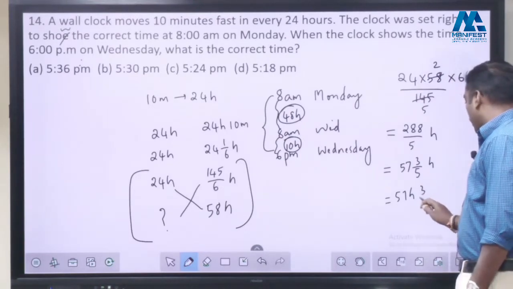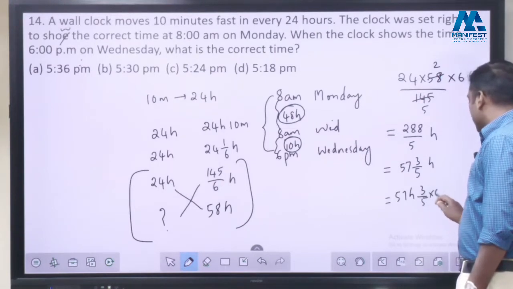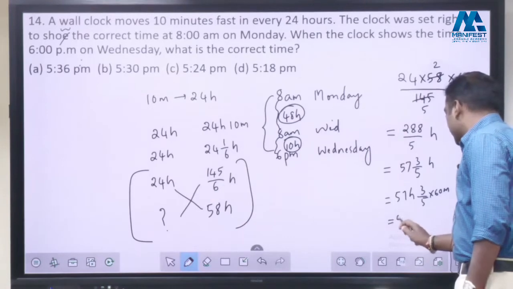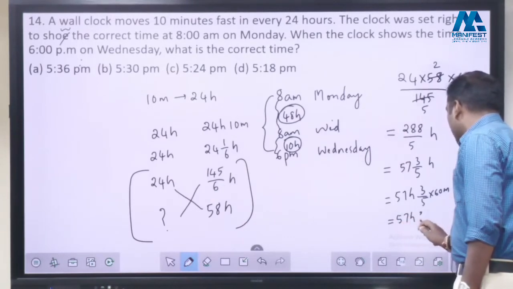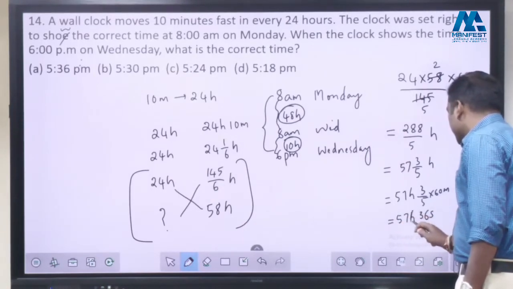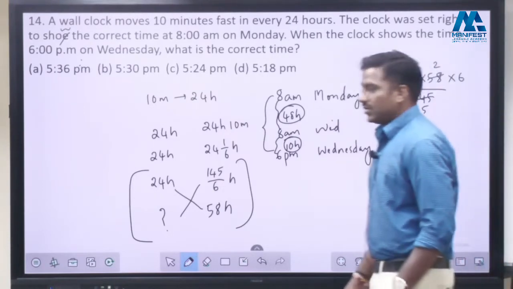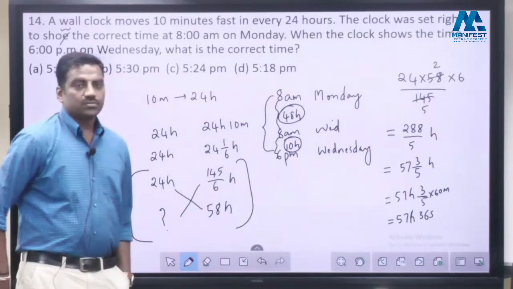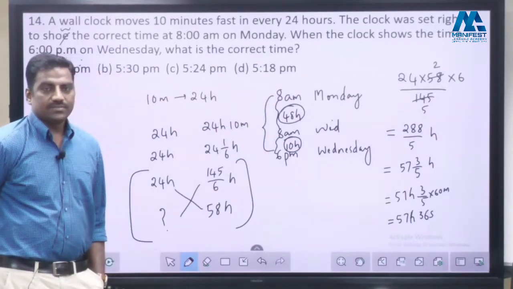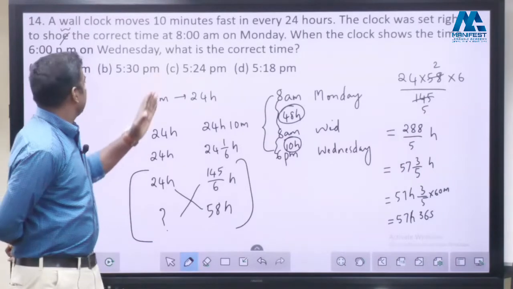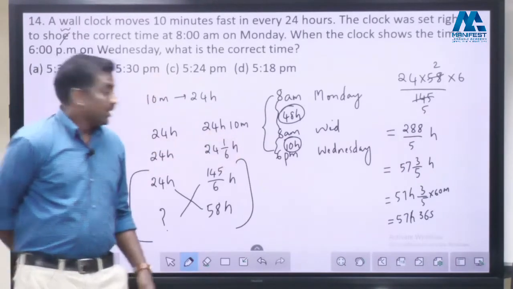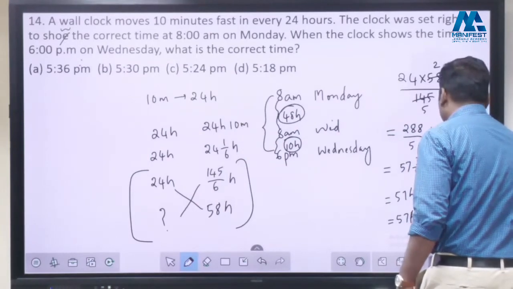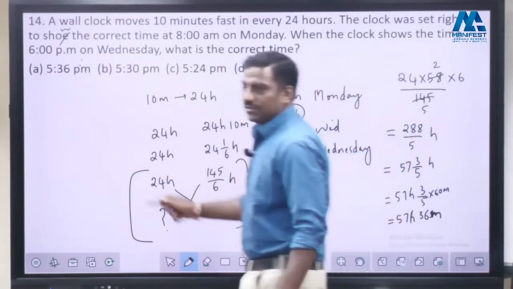So 3 by 5 into 60 minutes. So 57 hours and 36 minutes. Just go by the answer. Wherever you find this 36 minutes extra, that has to be the answer.